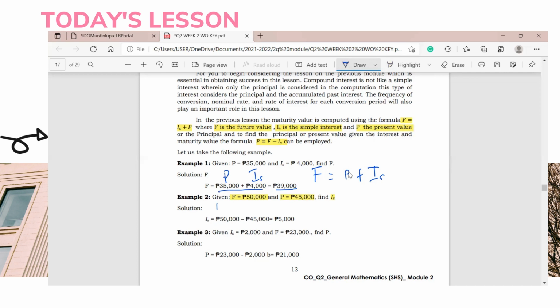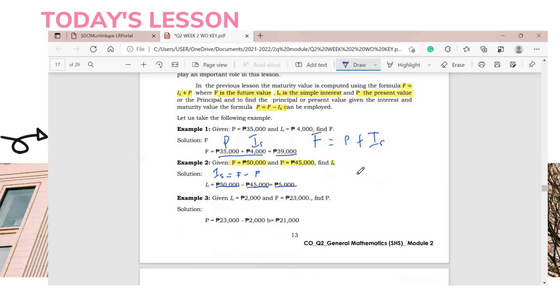So, simple interest is equal to the future value minus the principal amount, and their difference is the simple interest.